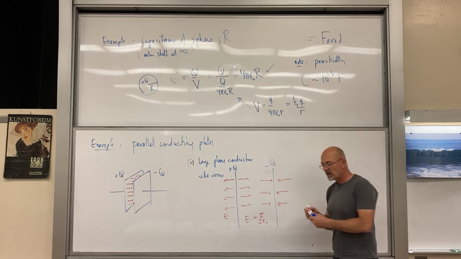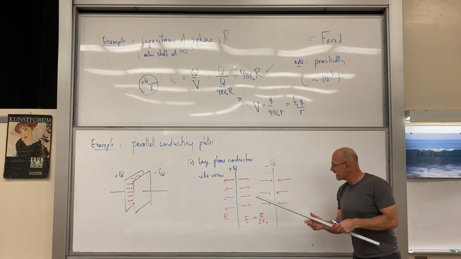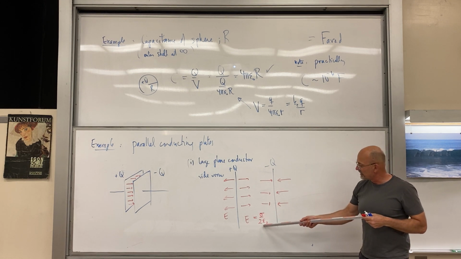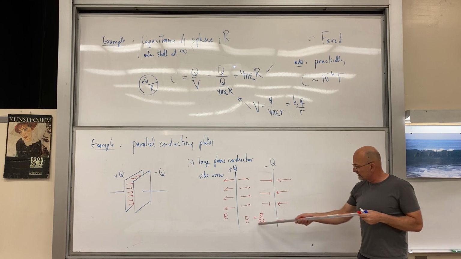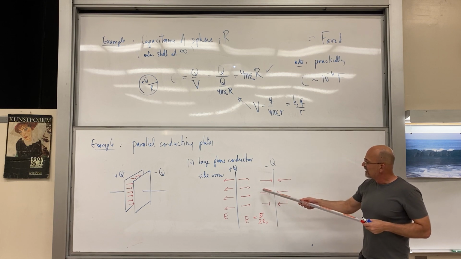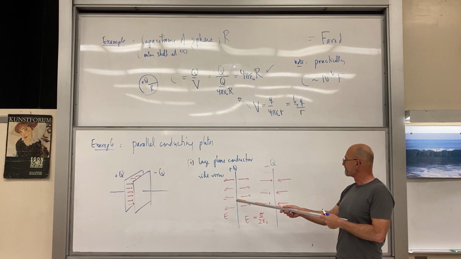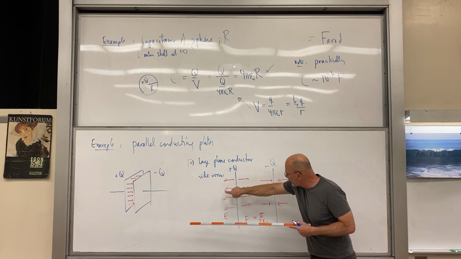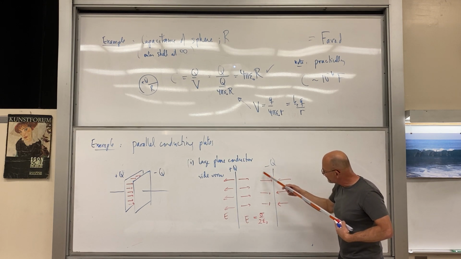Okay. Then what happens is this. These two clearly add. So sigma over 2 epsilon naught plus sigma over 2 epsilon naught is just equal to sigma over epsilon naught. They just add. But the field out here, this arrow adds to this field because this is on the left side of that plate.